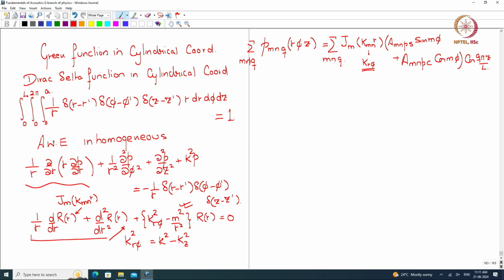So if we substitute this in here, what we get is 1 over r d by dr of r d by dr Jm of k mn r.